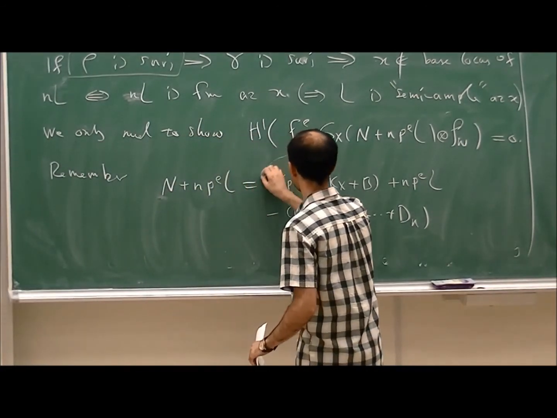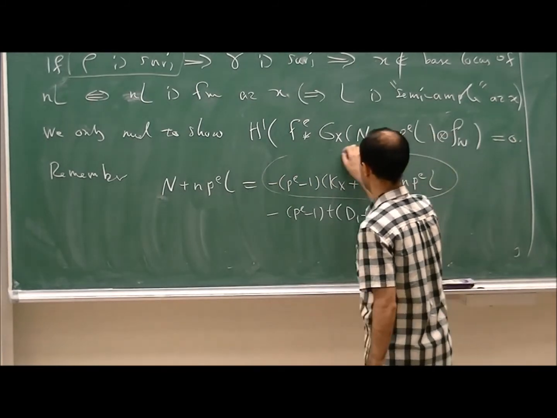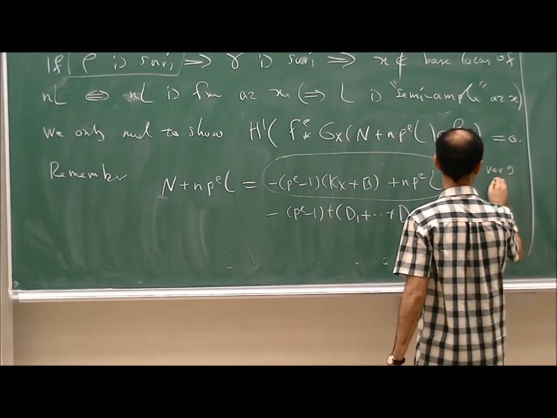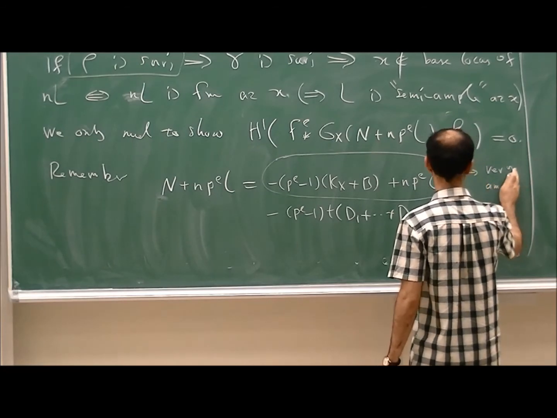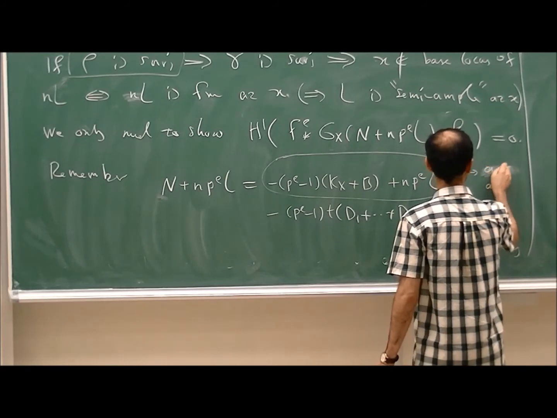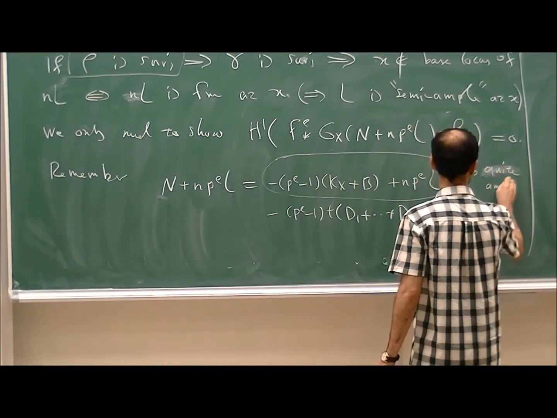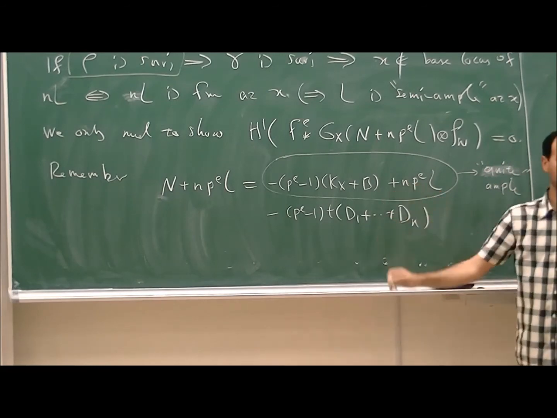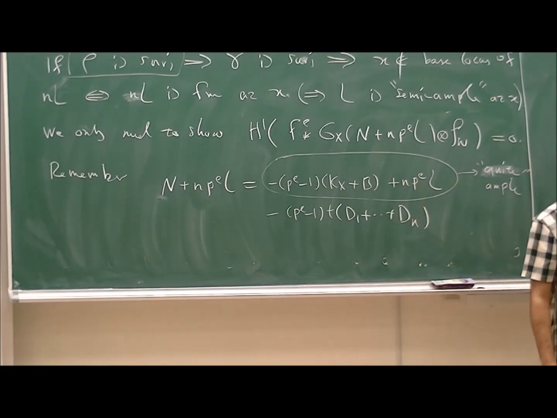And now the whole point is that this divisor is quite ample. Very ample. Maybe very ample is not a good word. It's quite ample, but more or less it's the same. So the point is, it's sufficiently ample.